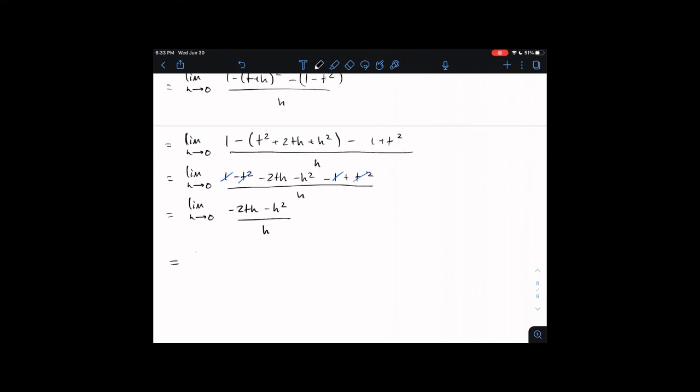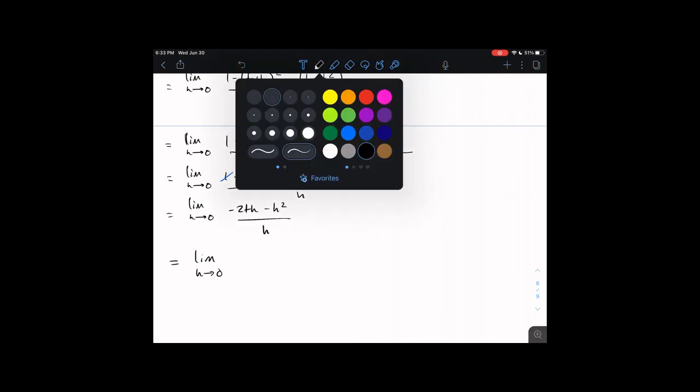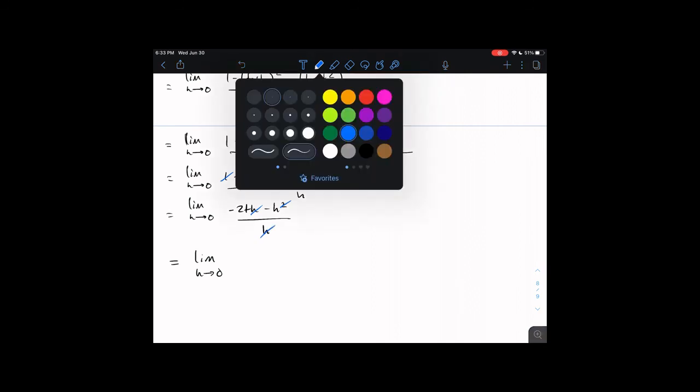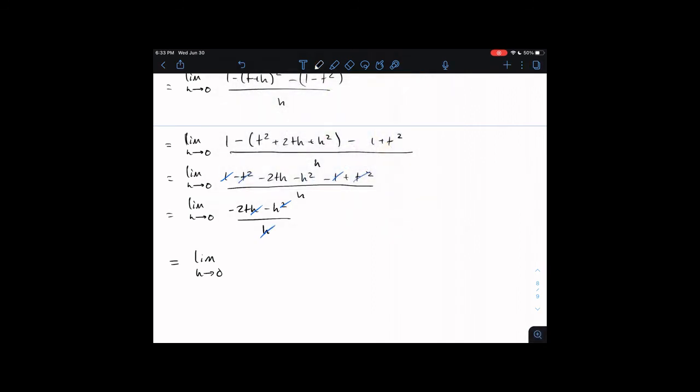So we're going to cancel out the h's. So I have, this one's gone, one of those is gone, and that one's gone. I'm left with negative 2t minus h. And then just plugging in h equals 0, I have negative 2t.